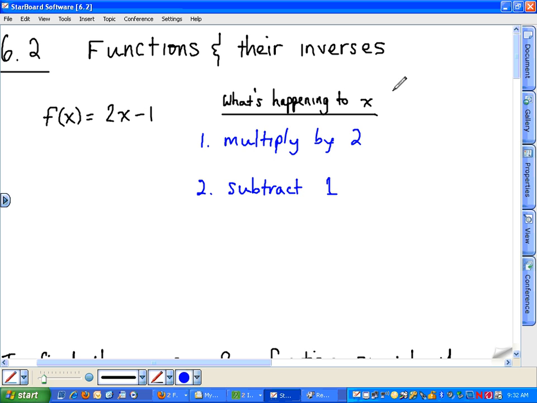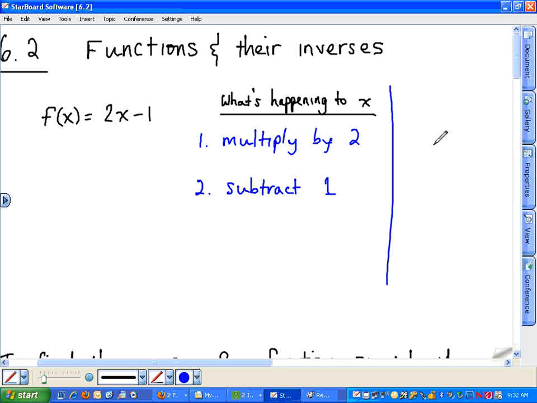Now, on the other side of this, we're going to make a column. And I want you to put this right here, 2x minus 1. What if we turn this function into an equation that we could solve? Instead of f of x equals 2x minus 1, what if it were 2x minus 1 equals 0?